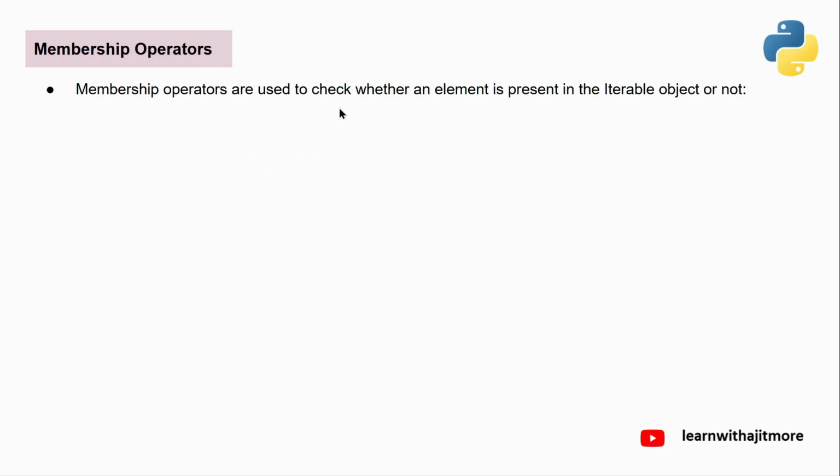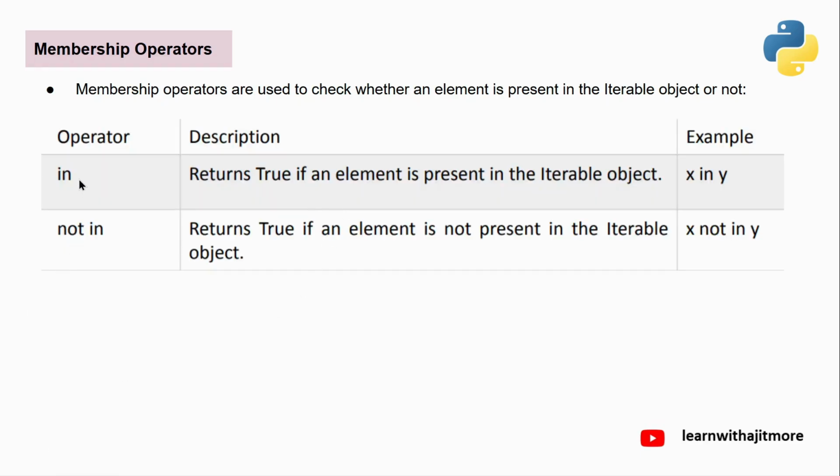Membership operators are used to check whether an element is present in the iterable object or not. That's all it is checking. Right? See here, in. If I write X in Y, then obviously Y is an iterable and X is an element.